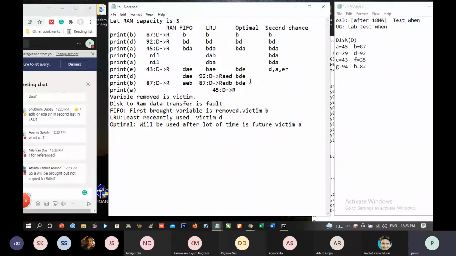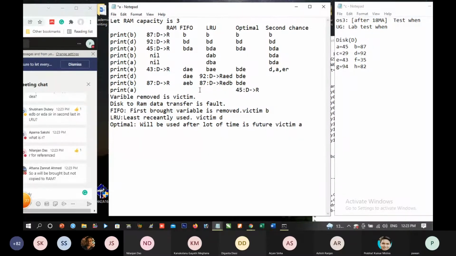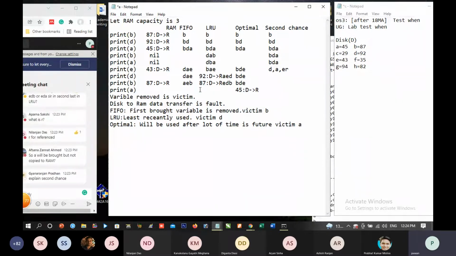And in this case, what is going to happen? Again A will be brought in. So what is A? A is 45. It will be brought from disk to RAM. And in this case, it will be EDBA. Any problem?